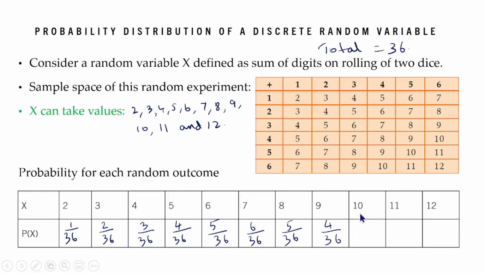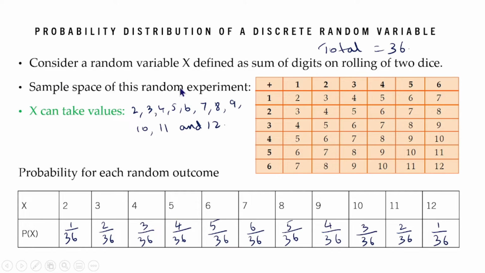Then the next one is x is equal to 10, it is in these three cases. So, the associated probability is 3 upon 36. The next one is x is equal to 11, the associated probability will be 2 upon 36. And finally, probability of getting a 12, there is only one possibility. So, the associated probability is 1 by 36.